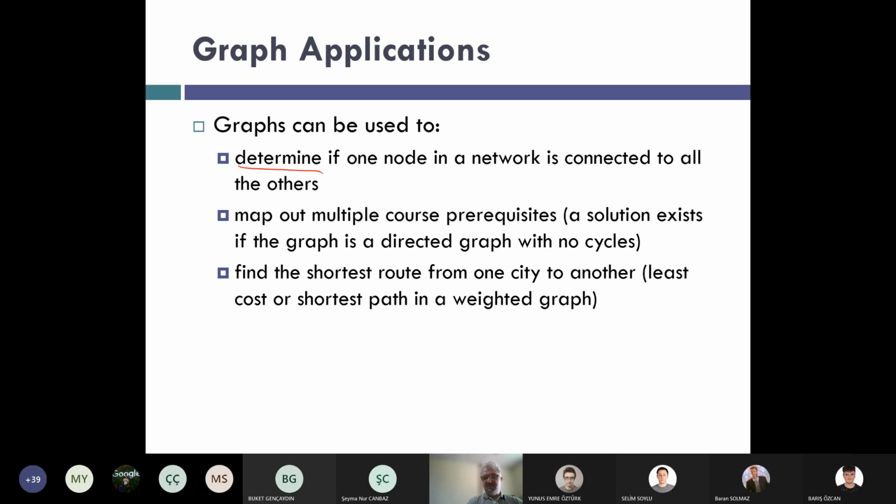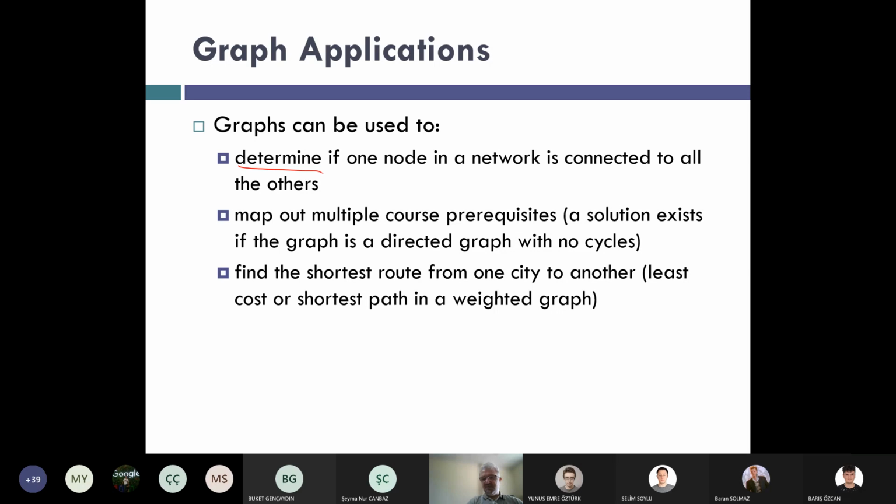So we may try to find in what order the courses should be taken to satisfy these prerequisites can be an application. Also, we may represent the roads in a city as a graph, and we may find the shortest route from a place to another in that graph.